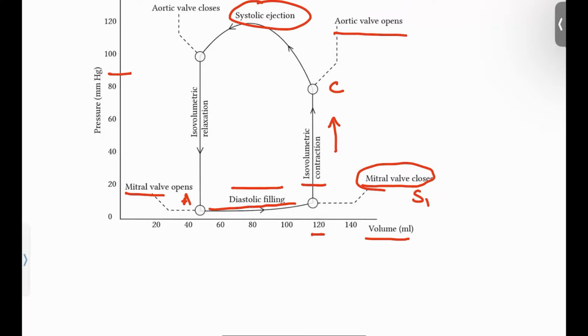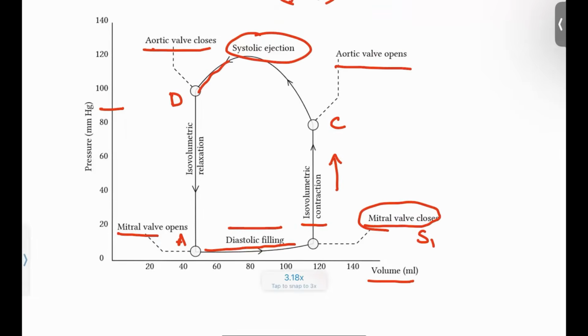Next, the pressure goes down, because the blood of the heart is ejected outside, right? That will lead to your D point, that is the aortic valve closes. Here your S2 sound is coming. And then again isovolumetric relaxation. The pressure is decreased, leading to the mitral valve opening and also diastolic filling. So this is the pressure and volume graph loop.